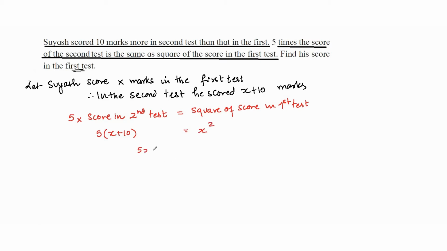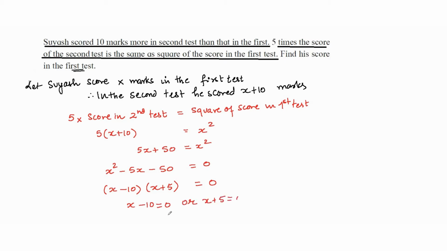So 5x plus 50 is equal to x square, which means x square minus 5x minus 50 is equal to 0. And now I can solve for x using the factorization method. So I get (x - 10)(x + 5) = 0, which means either x minus 10 is 0 or x plus 5 is 0, which implies x is either 10 or x is negative 5.